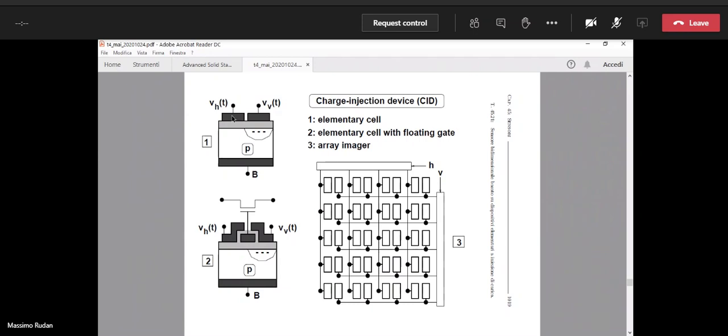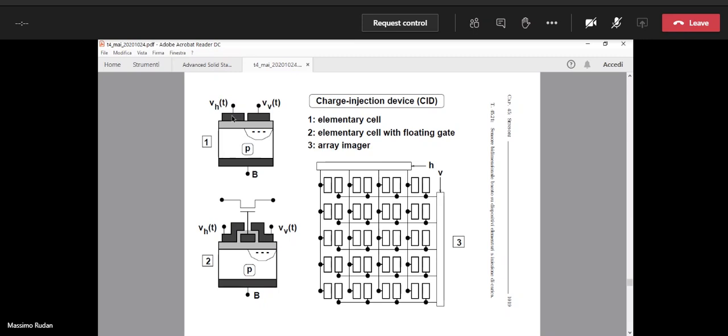That means that pixel up left, number 1 upper left, will have both gates to low voltage, so its charge will be pushed into the substrate, will diffuse into the substrate, and will be read by the reading device. Okay.